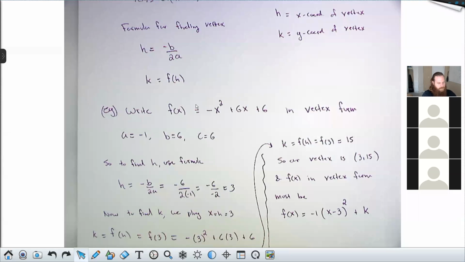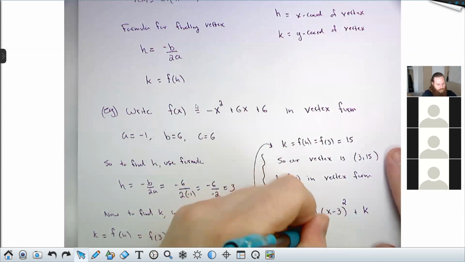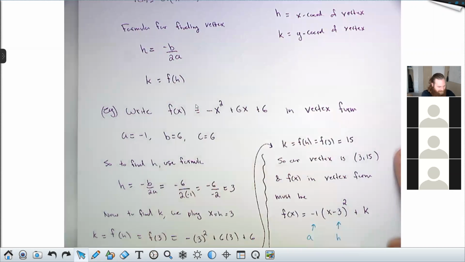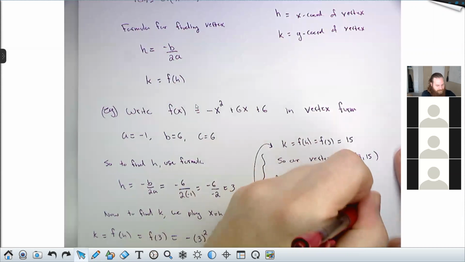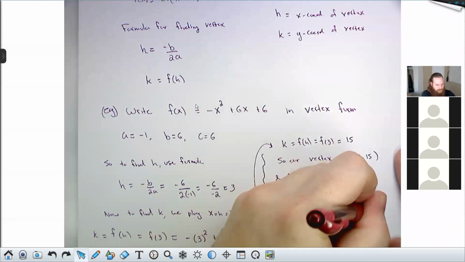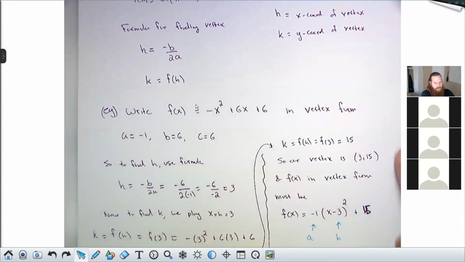So this piece is a, this piece is h, and k is 15 here.